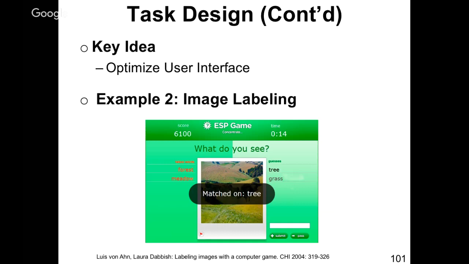And if you both say the same word about this image, you win the game. So the less time you spend figuring out a common word to describe this image, the more score you can get from this game. Okay? And this game was acquired by Google, and Google uses it for labeling millions of images. So very, very interesting idea.